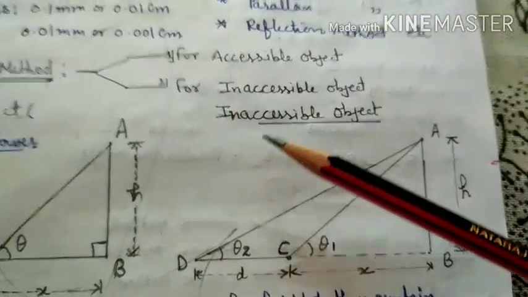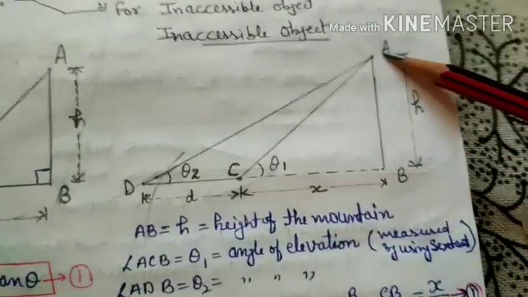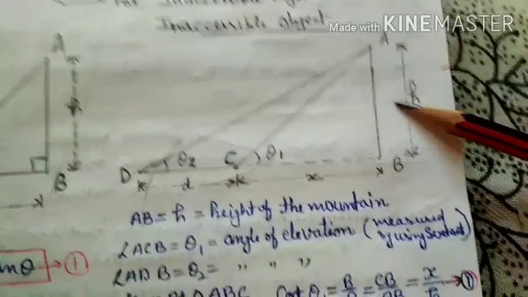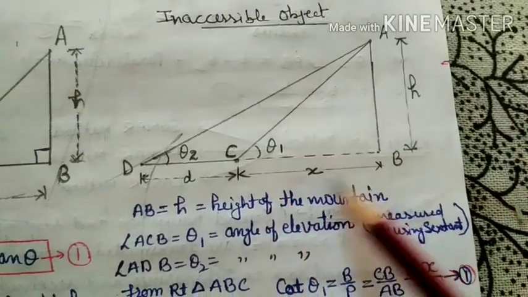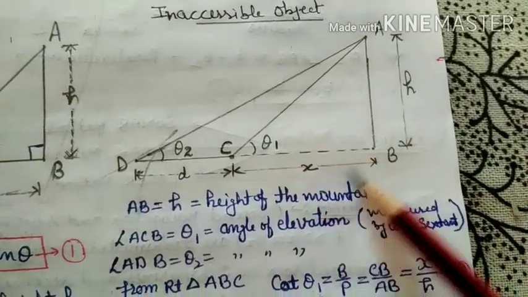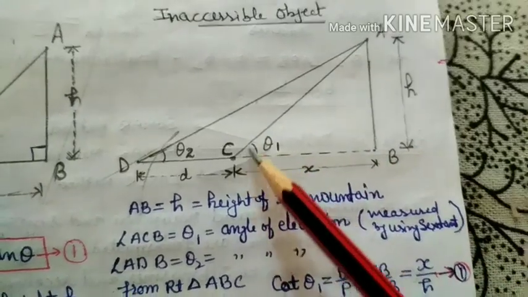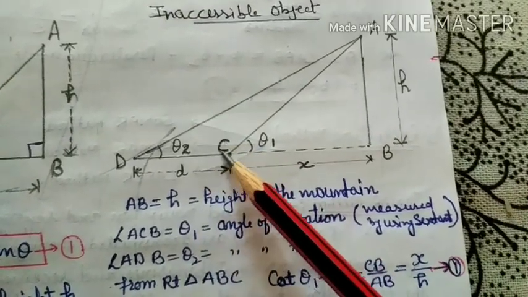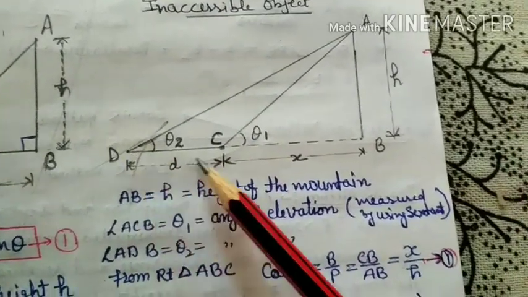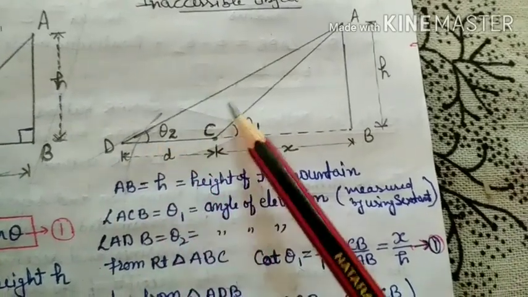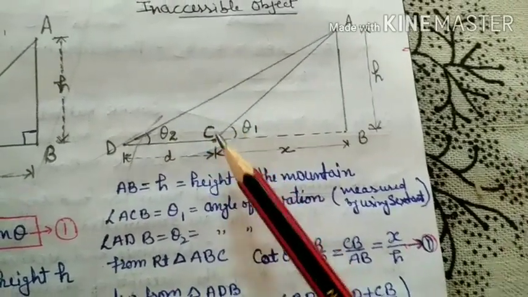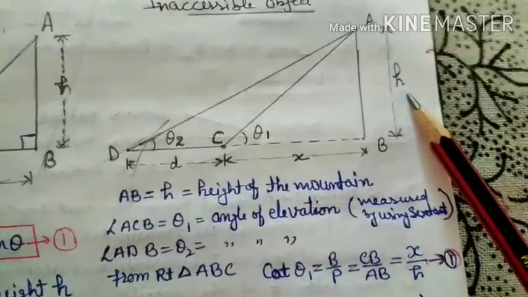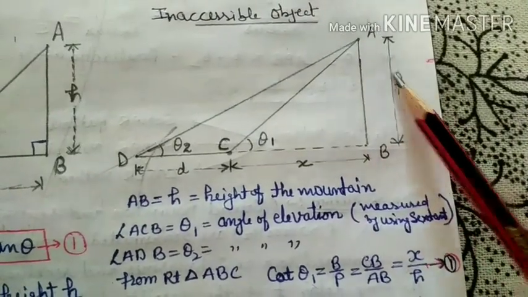Next, for inaccessible objects, let us suppose a mountain. AB is the height of the mountain, that is h, which you have to measure. C and B have a river in between, and you stand on one side of that river. C is one observing point, and D is another observing point at a distance d on the same side where you stand. AB is the height of the mountain, the inaccessible object.